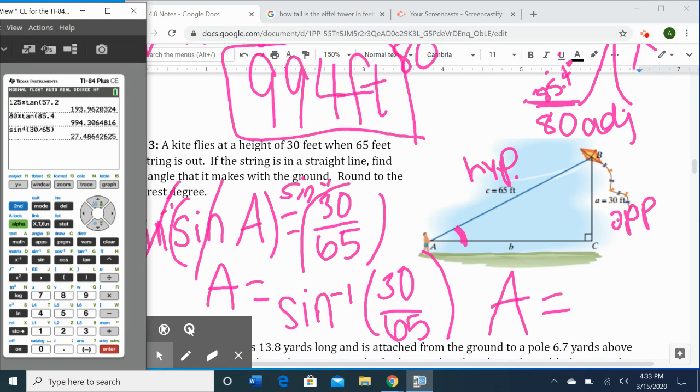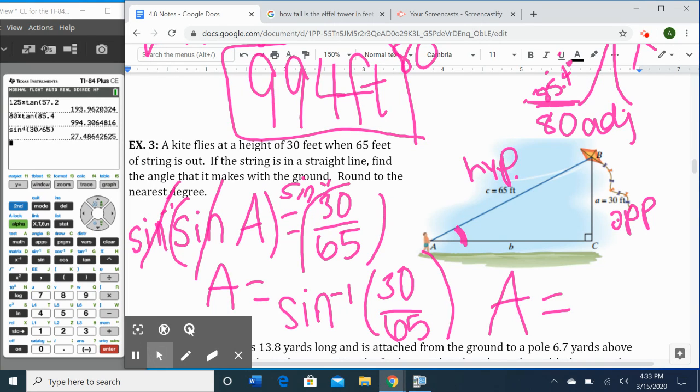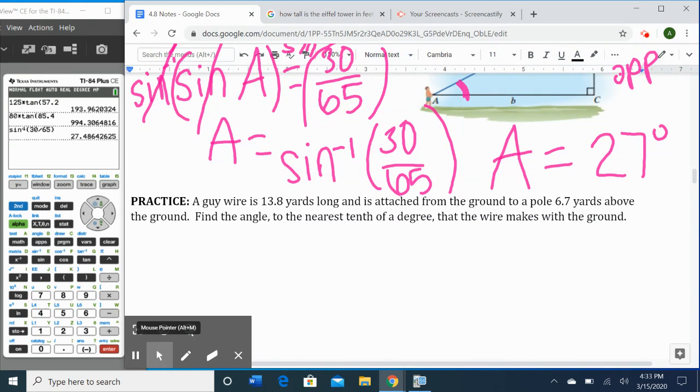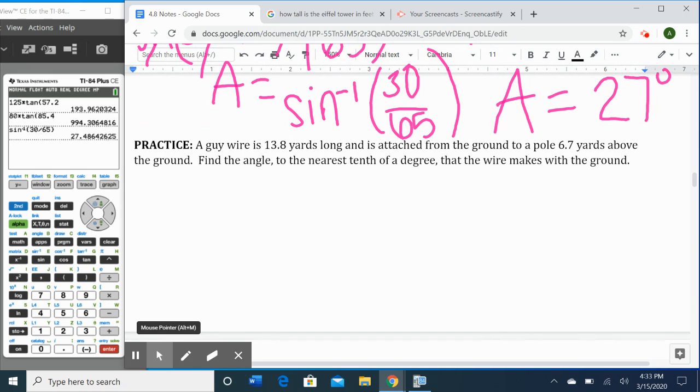It says round to the nearest degree, so I would call this 27 degrees. So pause the video, try this practice problem, and then we'll get the right answer.